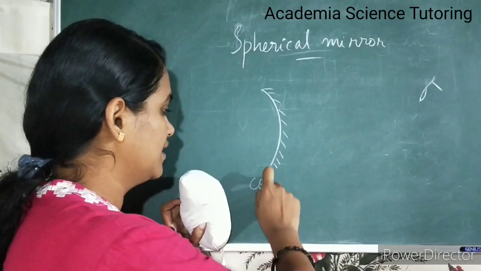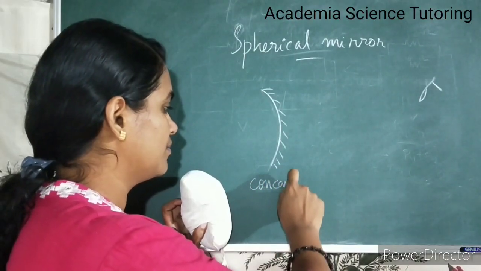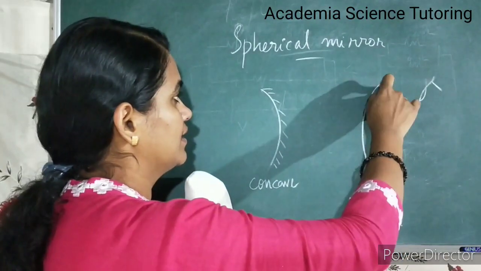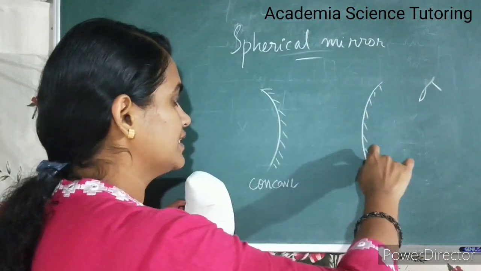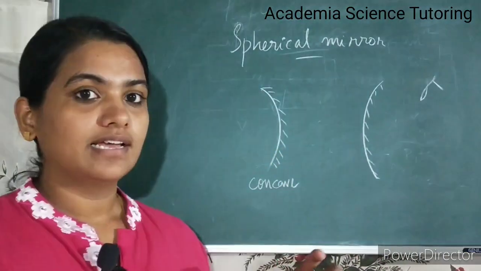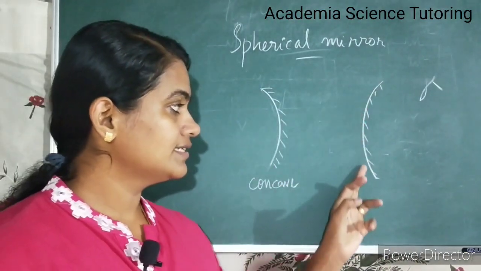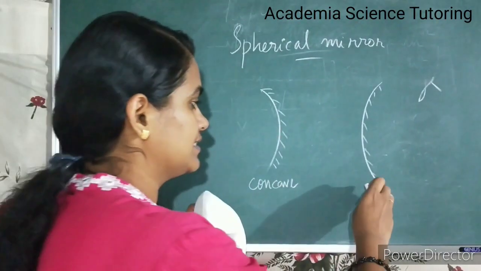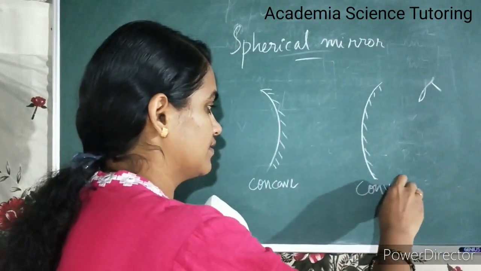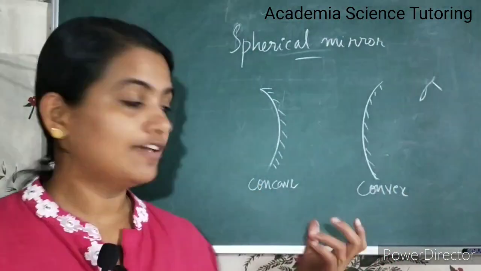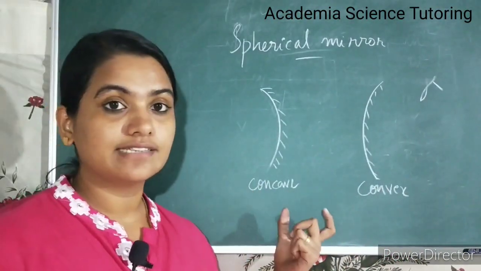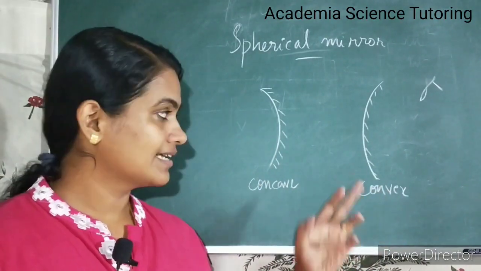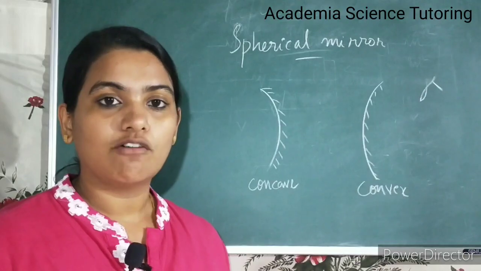And this one is the convex mirror, whose reflecting surface is curved outwards. So see the difference. A concave mirror has its reflecting surface curved inwards, whereas a convex mirror has its reflecting surface curved outwards.